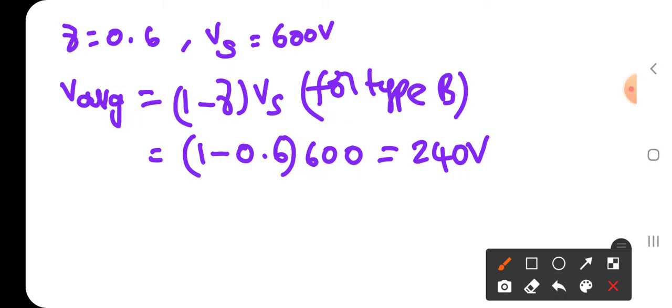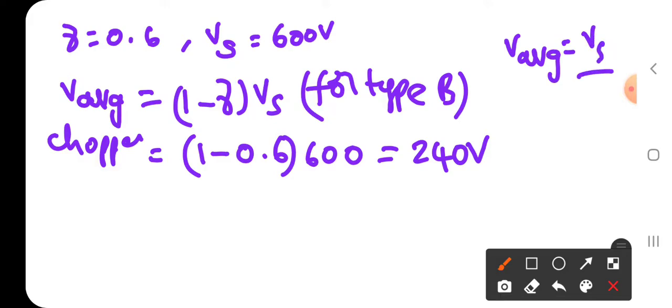It is 240 volts, the average voltage across chopper. It is not output voltage. The output voltage equation is V average is equal to Vs by 1 minus gamma. This is the average output voltage of chopper, but this is the average voltage across chopper.